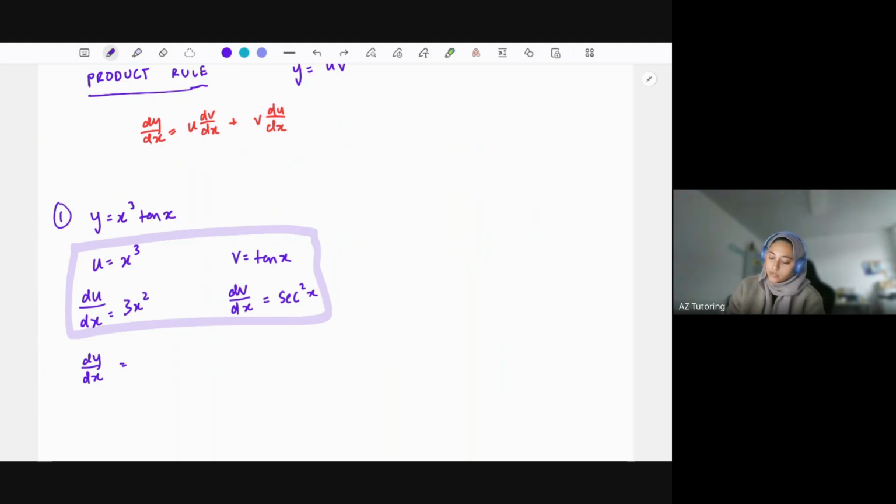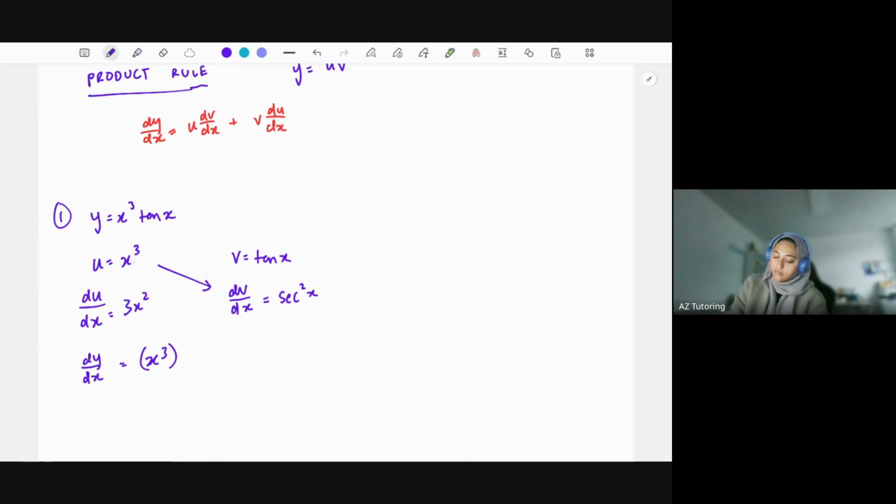So u, which is x cubed, times dv over dx. It's always crossed like that, which you'll see. x cubed times dv over dx, which is sec squared x, plus v, which is tan x, times du over dx, which is 3x squared.